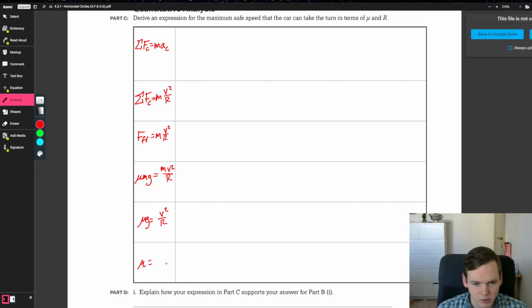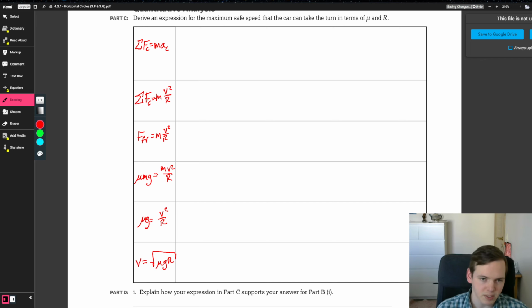We wanted to solve for v, so we can algebraically rearrange to get v is equal to the square root of mu g r.